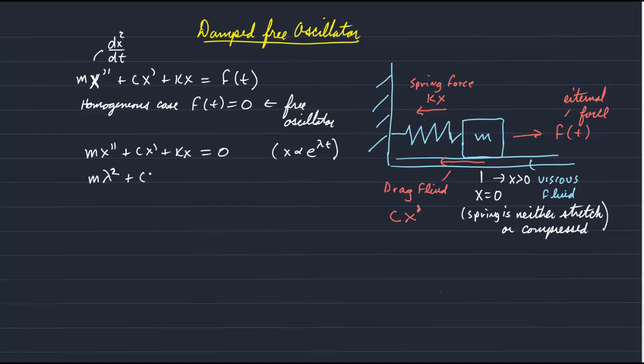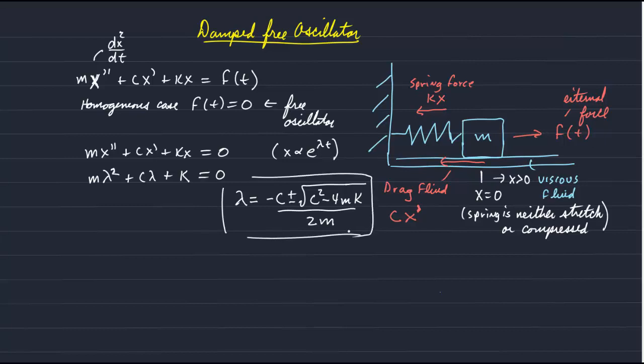The second term in the characteristic equation is c times lambda, and the last term is just k, equal to 0. This gives the solution that lambda is equal to minus c plus and minus the square root of c squared minus 4mk all over 2m. That's the general solution for the free oscillator.